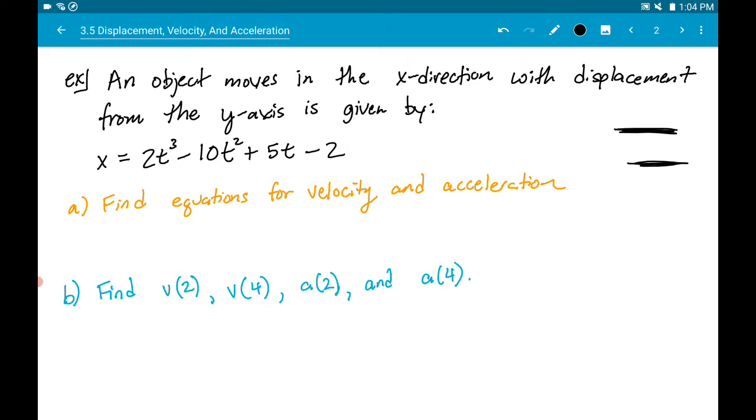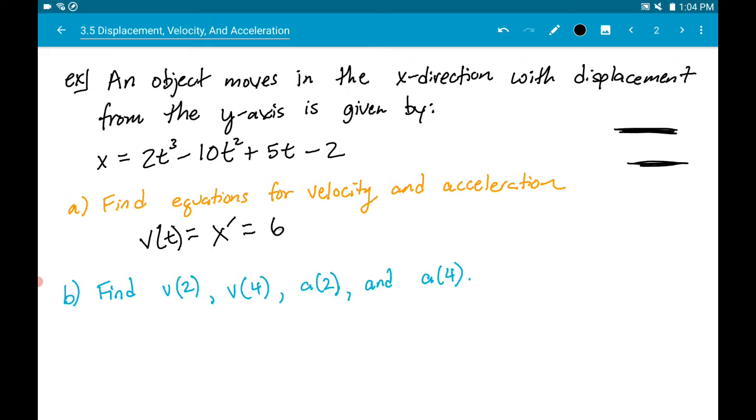All right, so you can think of this cubic function as the original. The velocity equation is just going to be me taking the derivative of x. You can also think of it as x prime if you want. So lots of different ways to label these things. Here we go. I'm going to apply the power rule from earlier this week.